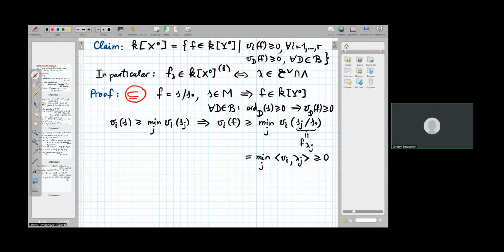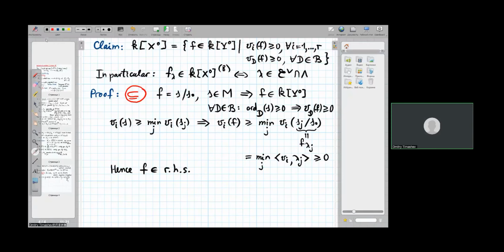So we have proved these inequalities. And we conclude that F sits in the right-hand side of this formula, in this set of functions. Okay?